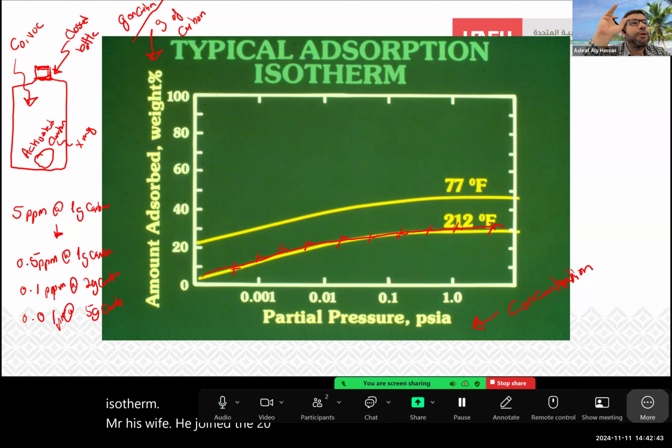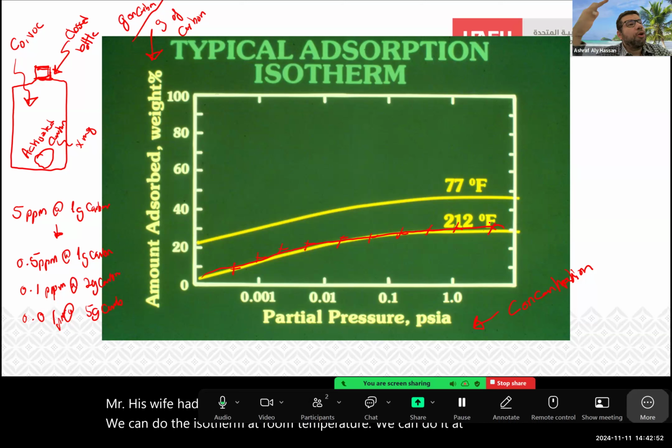Now, that's another thing that we can change. We can do the isotherm at room temperature, at cold temperature, or at hot temperature. The results will change because, you remember, the amount adsorbed changes with temperature.